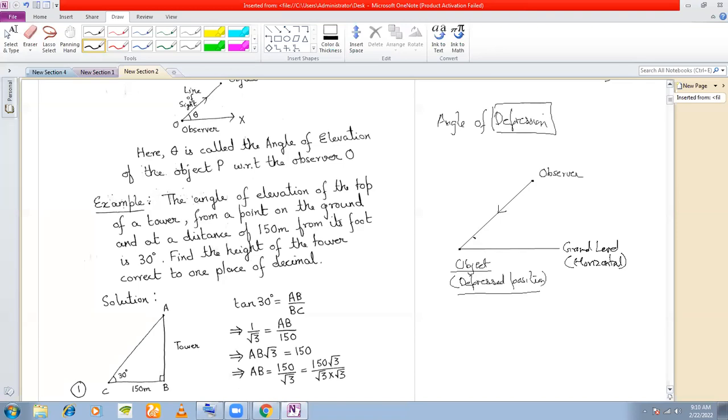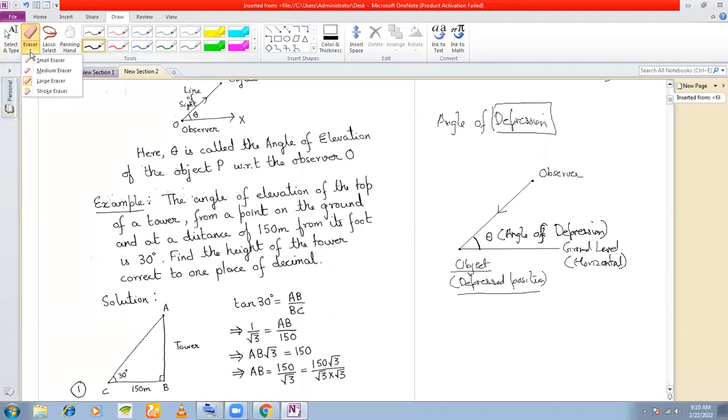And this angle that is made here is called the angle of depression, obviously the angle of depression of the object with respect to the observer. So these two were the definitions that I told you in the last class also. This was just a revision.